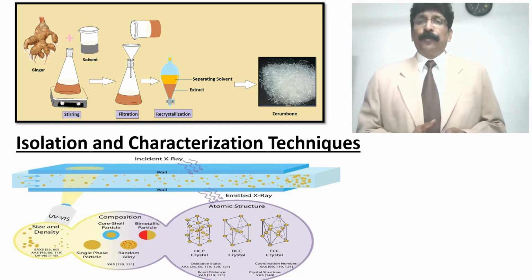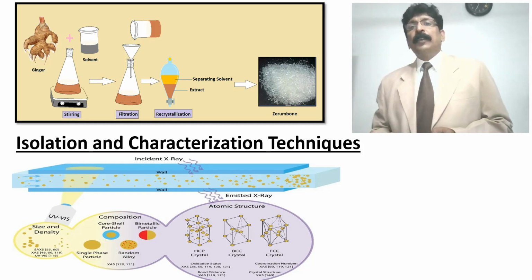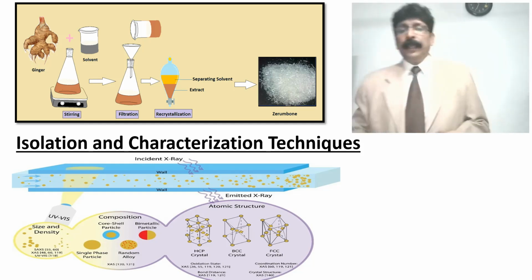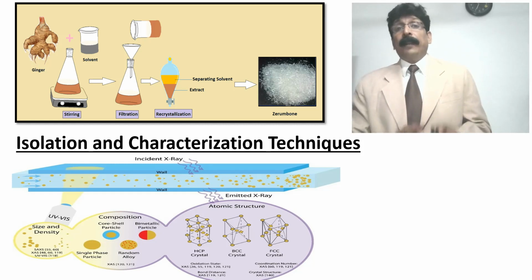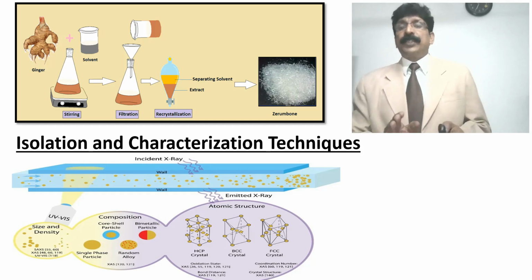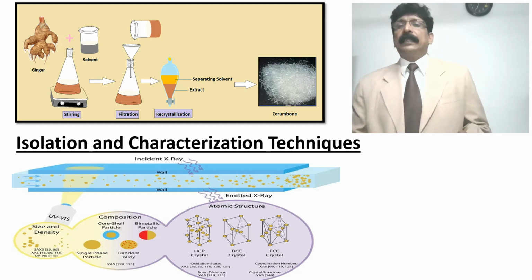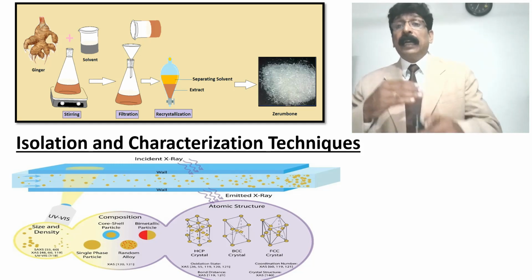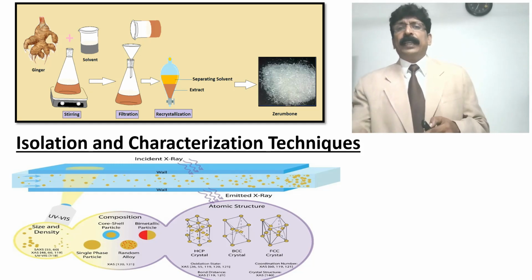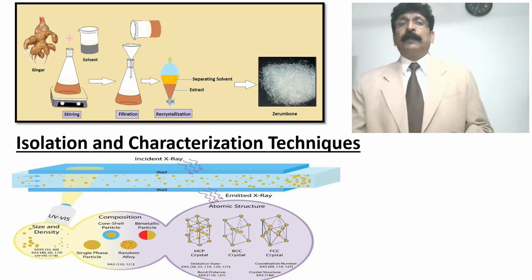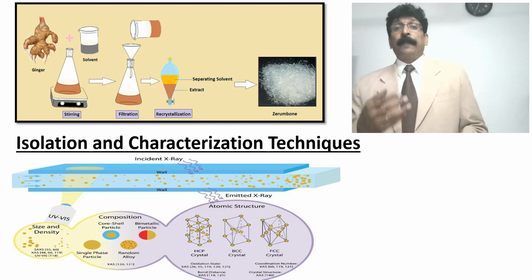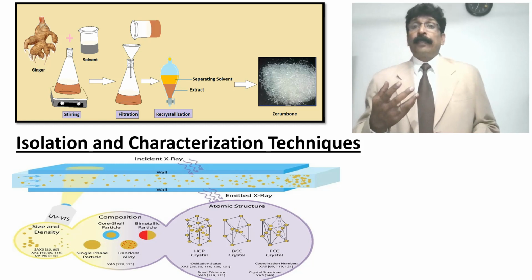Extracting the active principle, the medicinal active compounds from the plants, and then isolating them by means of various techniques, by chromatographic techniques, which is a very interesting technique, and afterwards characterization by means of various instrumental analysis, including IR spectroscopy, NMR spectroscopy, mass spectroscopy, emission spectroscopy and UV.